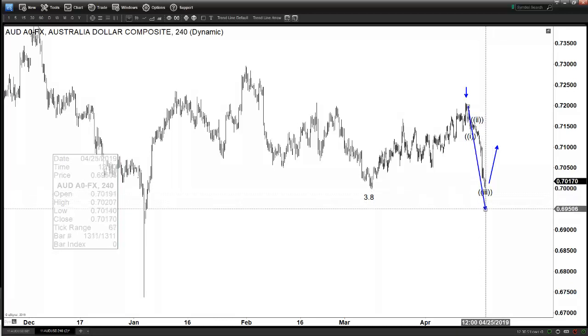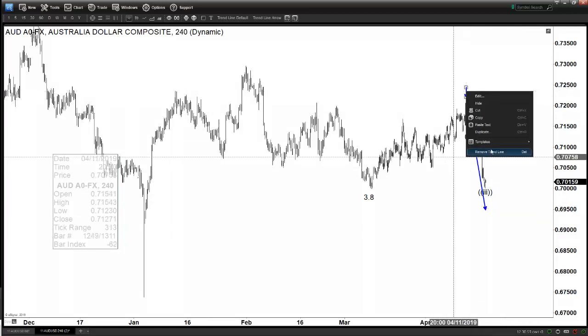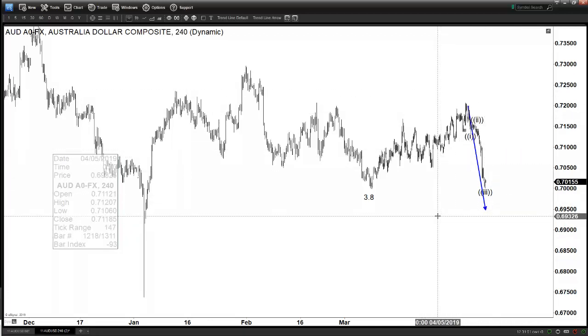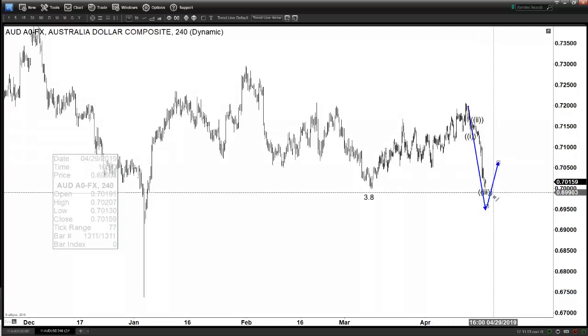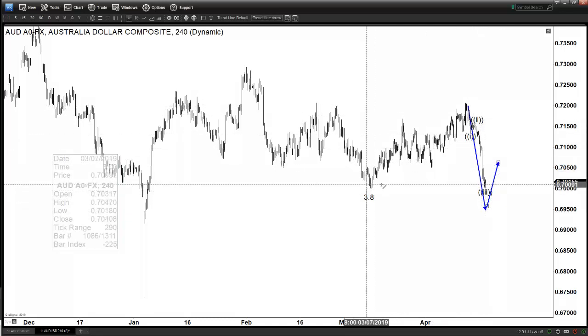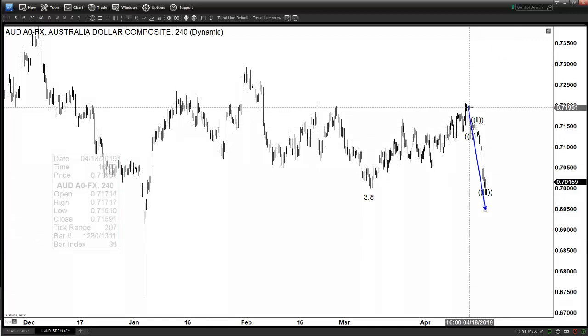So we don't like buying the pair for that reason. We still continue to like the downside in a 3-7-11 swing to finish this 5 waves down, and then after this 5 waves down is finished, we will have a bigger bounce in 3 waves to correct this entire decline. But if we do get a break below here, that bounce is going to fail again and then extend lower again. Okay, so that's the update for today, everyone.